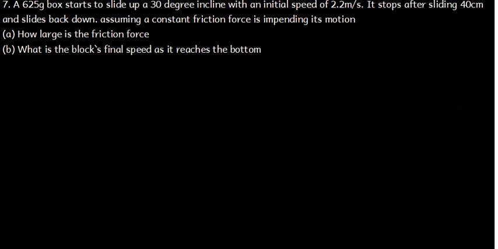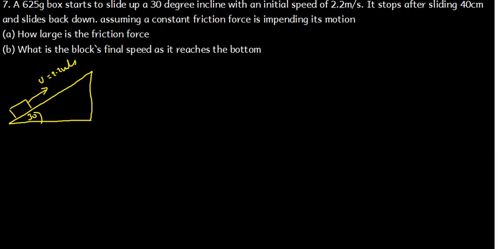Again, we have been given that the incline is 30 degrees. We've got a mass which is sliding up, so that is the direction of motion, and the velocity at which it is moving is 2.2 meters per second.